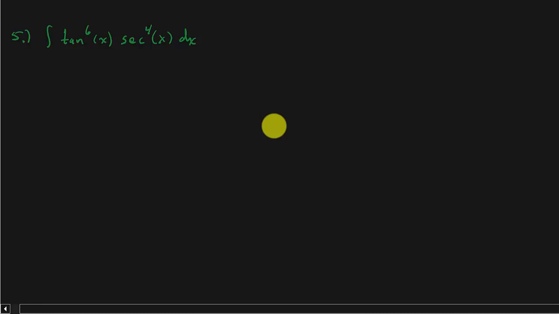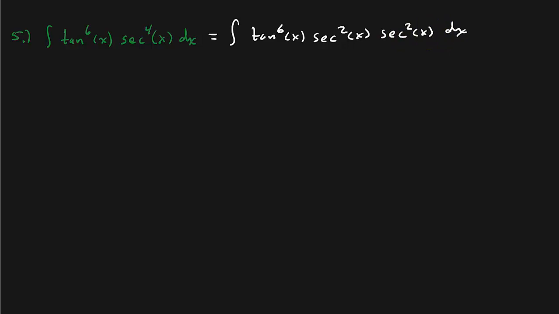And so this is going to be tangent to the 6th x, that's a 6 right there, secant squared x, secant squared x dx. All right. So now, look at this. I've got secant squared here. The derivative of what is secant squared? The derivative of tangent, right?